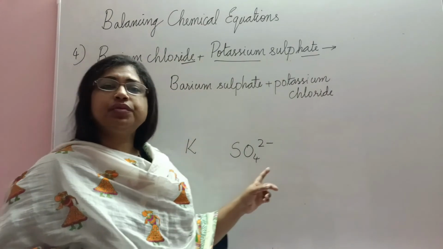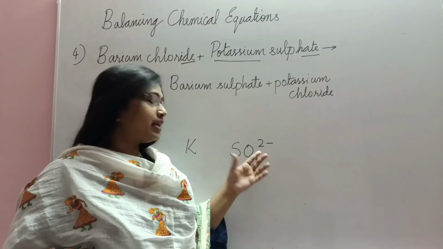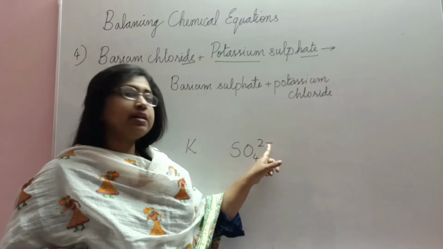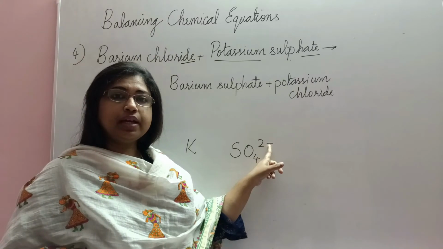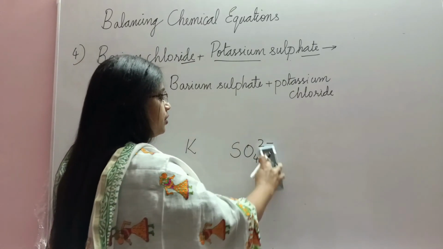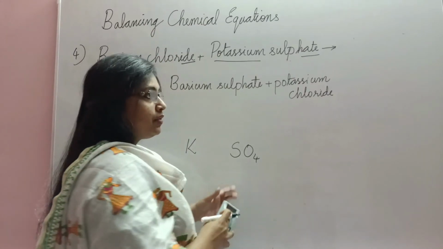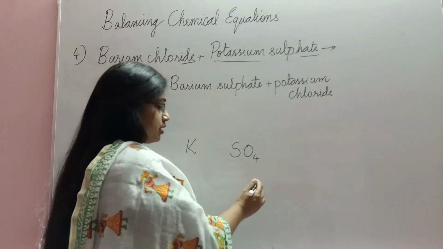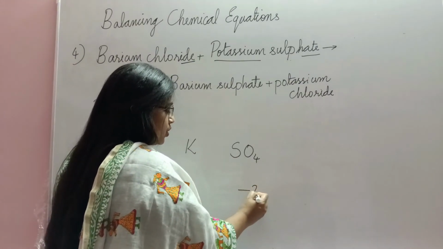But while writing the formula of compounds with sulfate, you don't have to put the charge here. The charge is needed in order to write its formula. So when you want to write the formula, either you use the valency or the charge. Here the charge is -2.